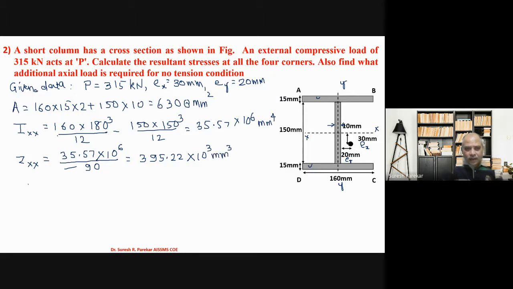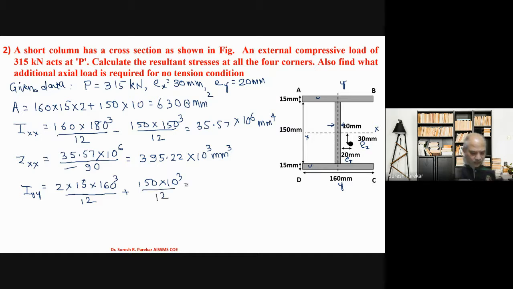Then we will have Iyy is equal to 2 times B we have 15, D we have 160 cube by 12 plus B we have 150 into 10 cube by 12.